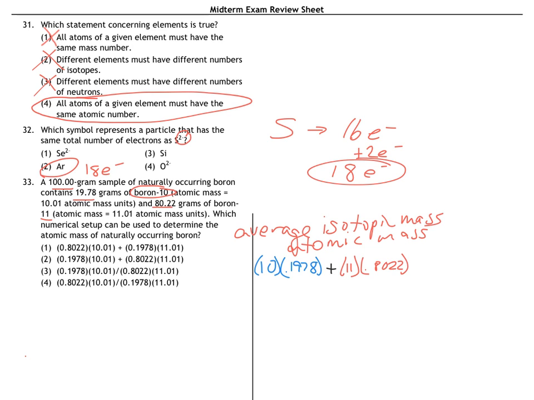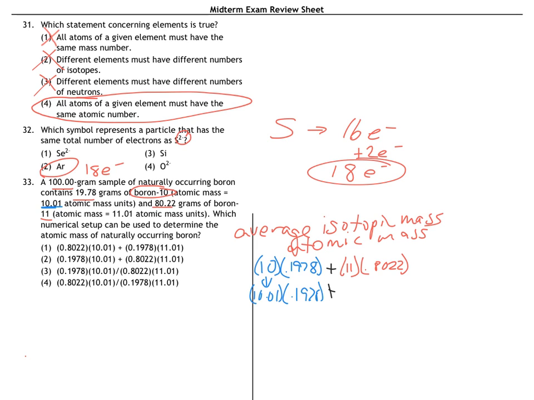And we don't have to actually solve it, we just need to choose the correct setup. And, oh, I do have a small correction here. For boron 10, it gave me a mass of 10.01, so I'm going to change this to 10.01 and 0.1978.